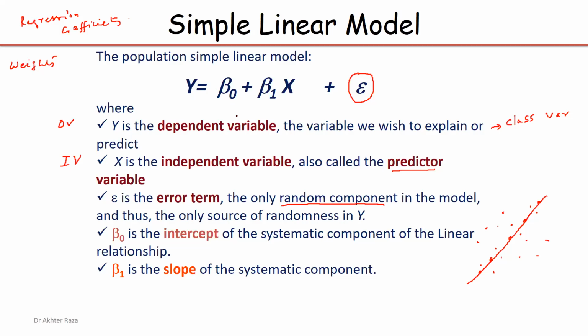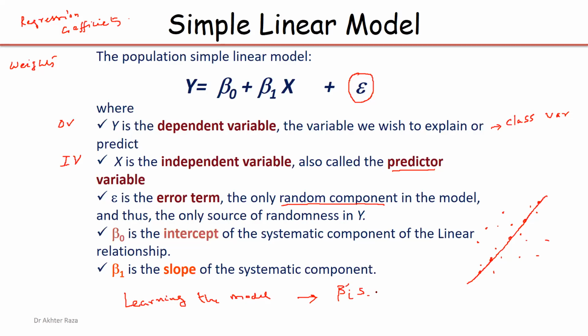Given the weights, our objective is model learning. All of you are familiar with learning the model. So what does learning the model mean? Learning the model means we have to find these weights, the betas.